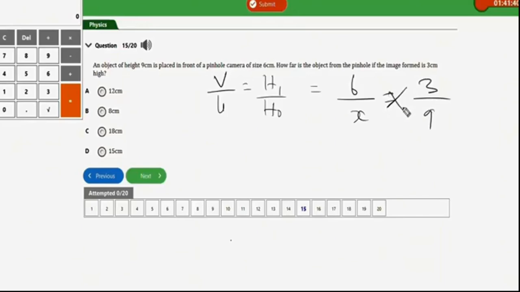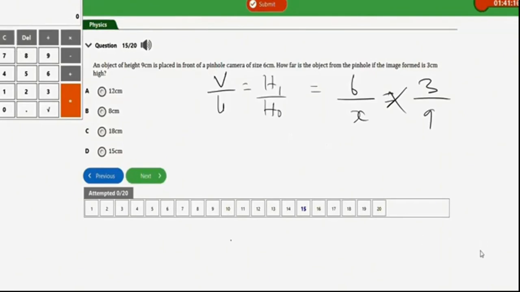So when you cross multiply, you're going to have 9 times 6, divided by 3. So 18. The correct option is option C. 18 cm will be the object's distance. Alright, so that's it for this question.